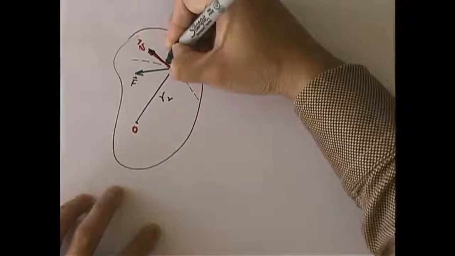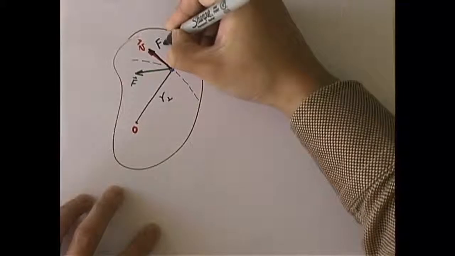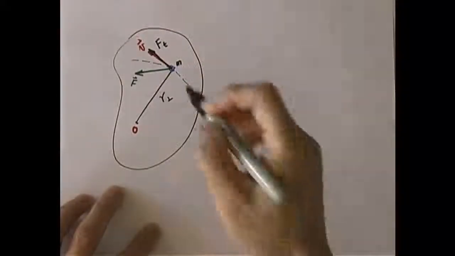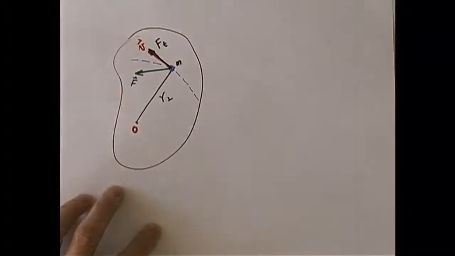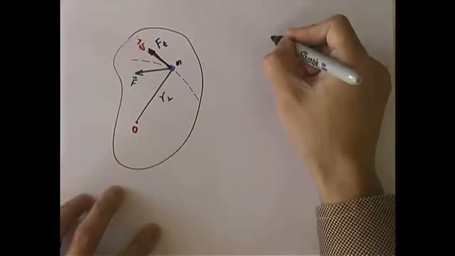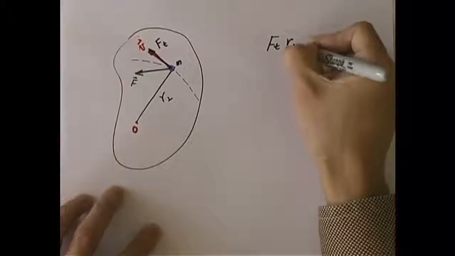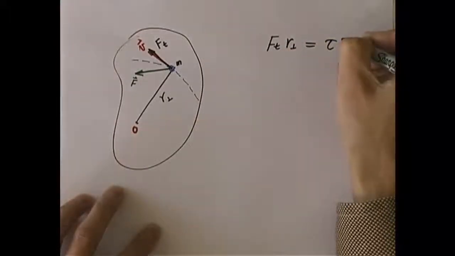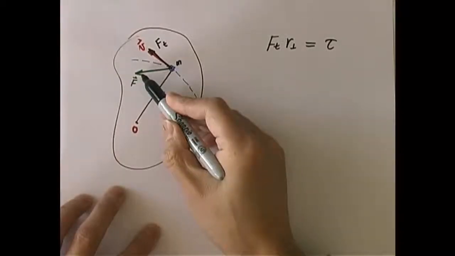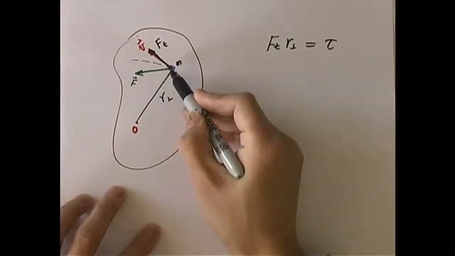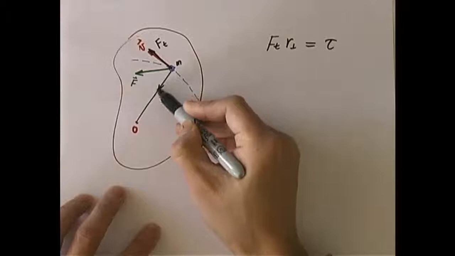We're interested in this component, F tangential. But F tangential is perpendicular to this radius. So when you combine F tangential and R perp, isn't that just the torque that we talked about? The torque exerted on this mass from this force? In fact, this force has another component going in, right? That component is not of interest.